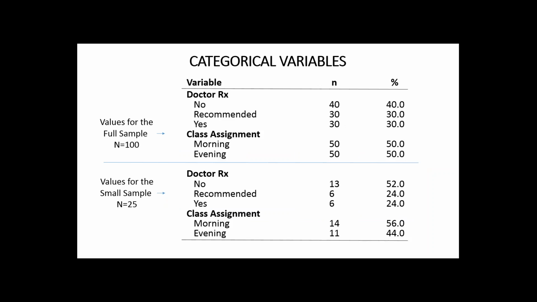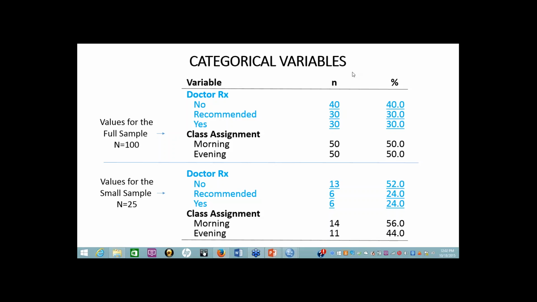So then if we look at the categorical variables, let's compare those. Doctor prescription of classes, that's pretty close. It looks like approximately 40% or so on the top were not prescribed classes, and then 30% for recommended and yes, and it's not that far off for the 25.